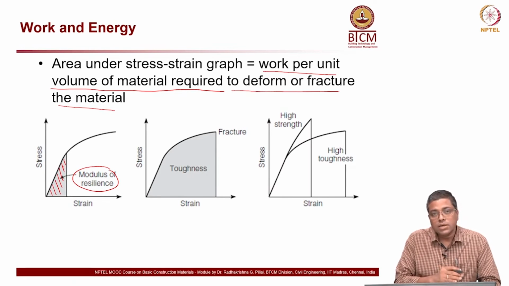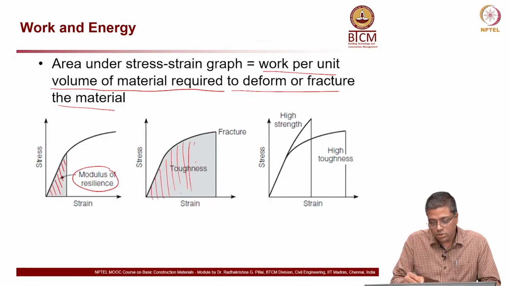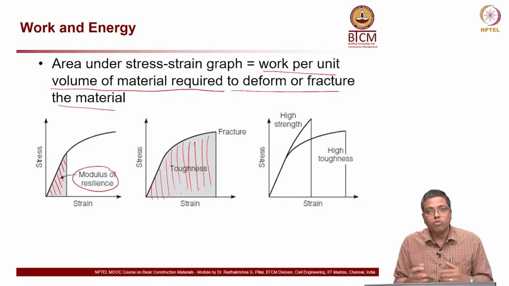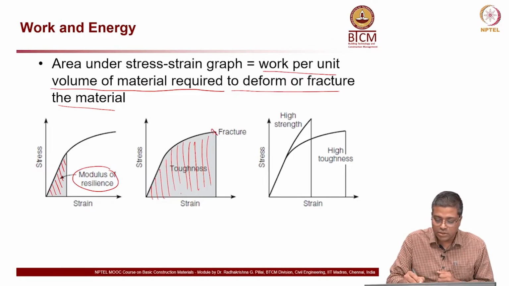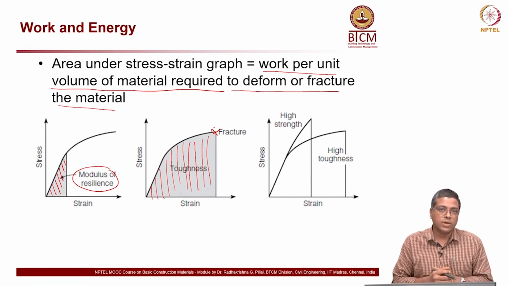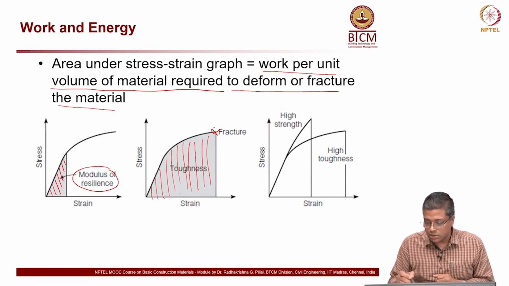Now, when we also consider the plastic region, that is where we really look at the toughness, because we also talk about plastic deformation of the material, and until fracture, that area under the curve we call the toughness of the material.